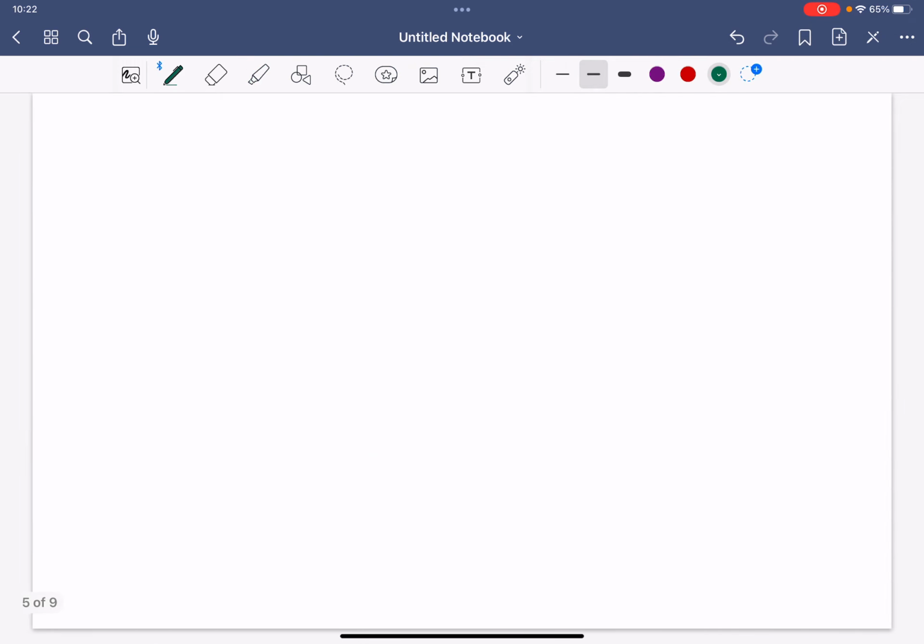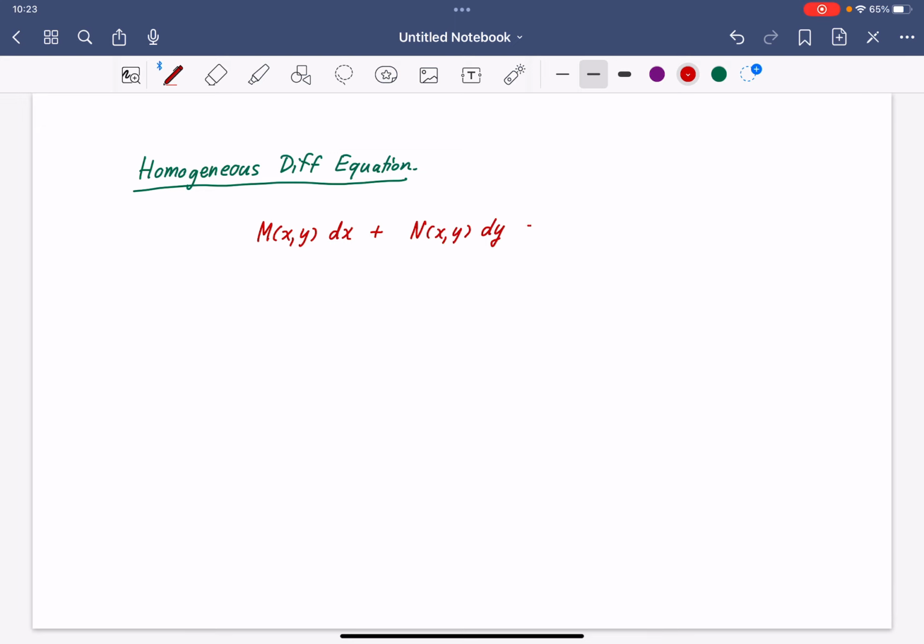Let's talk a little bit about homogeneous differential equation. So what is it? For a homogeneous differential equation, you start from the form of differential equation M(x,y) dx plus N(x,y) dy equal to 0.